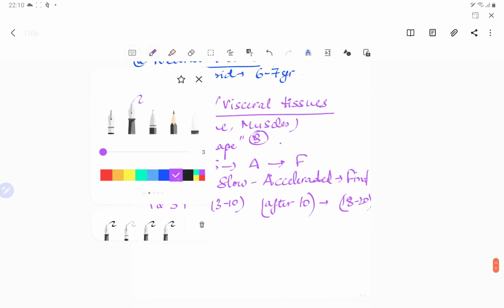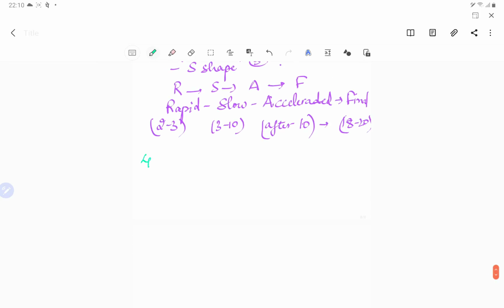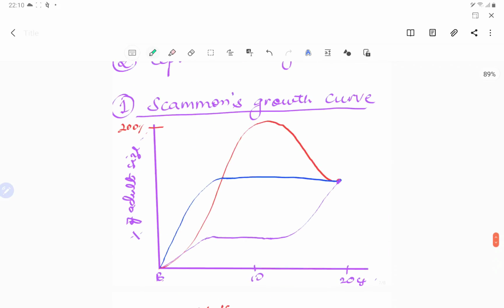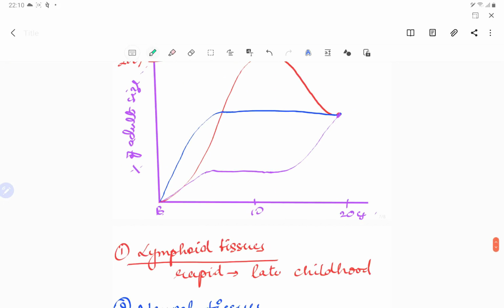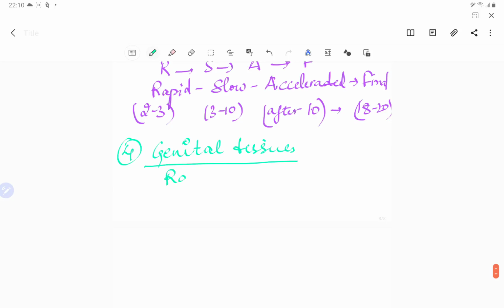Fourth tissue is going to be our genital tissues. In genital tissues there is negligible growth until puberty, but after puberty there is going to be a rapid increase in the growth, in the pubertal age.